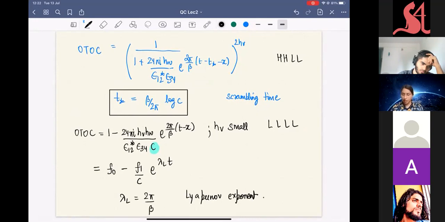So in a thermal quantum system, we have derived the Lyapunov exponent to be 2 pi by beta. And we will see a bound on the Lyapunov exponent in the next part for a generic quantum system. So any questions till this point?